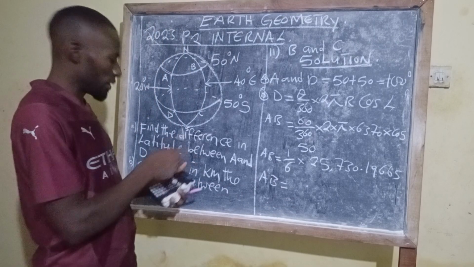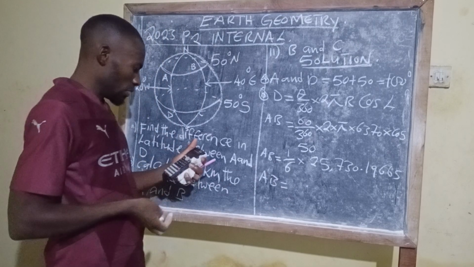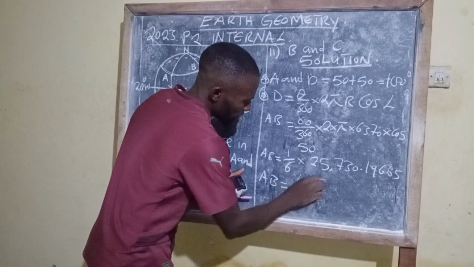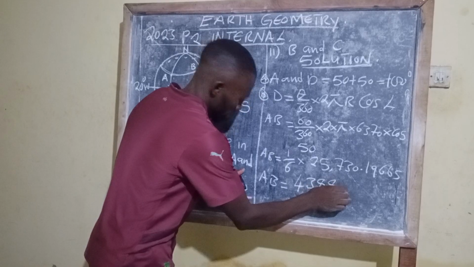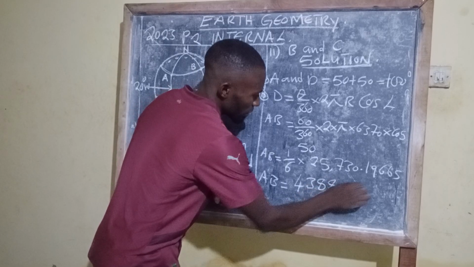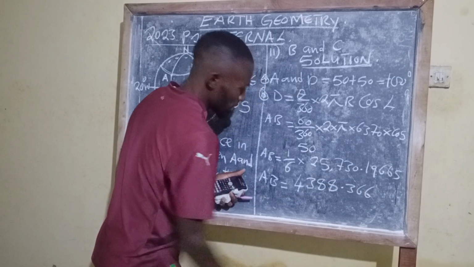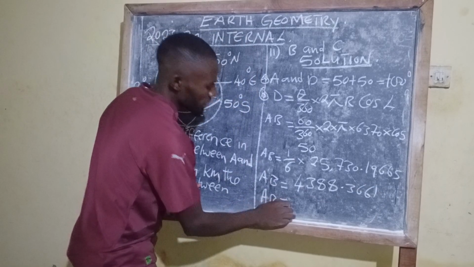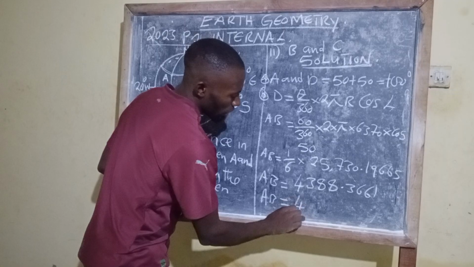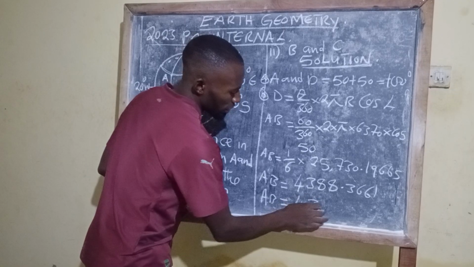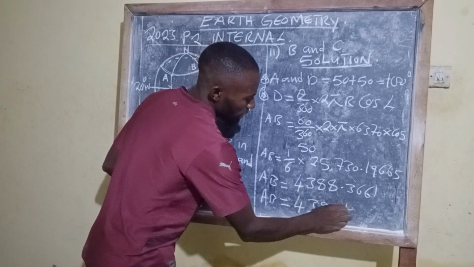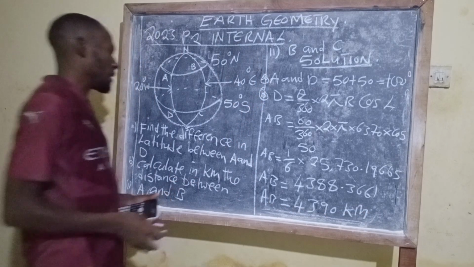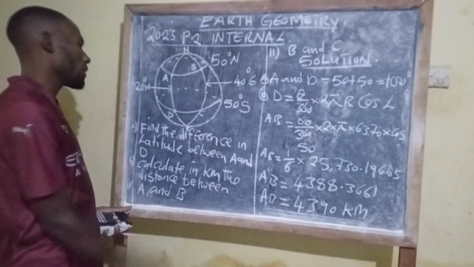When you multiply with 1 over 6, it gives us 4,388.3661. When you round this off to 3 significant figures, we have 4390 kilometers. So this is the answer for question B1.